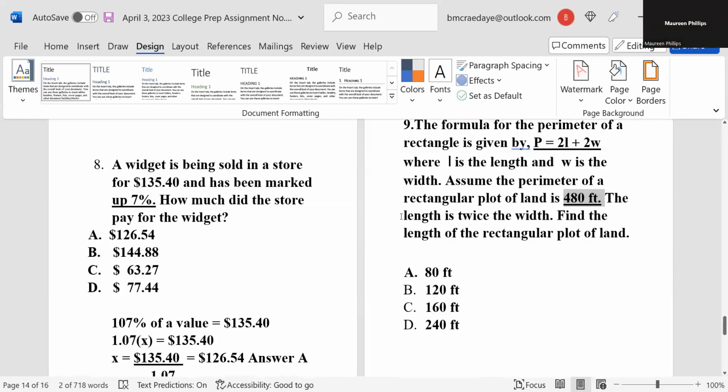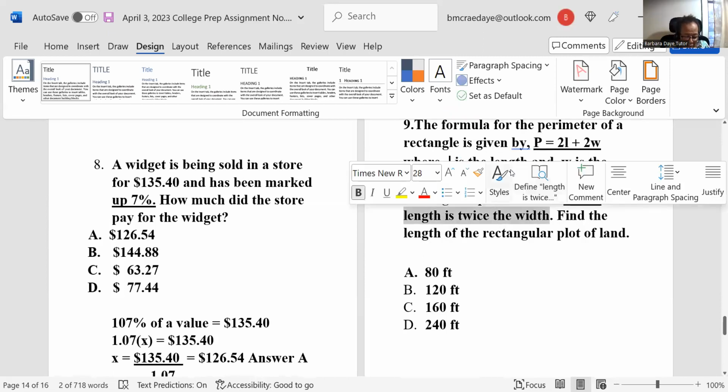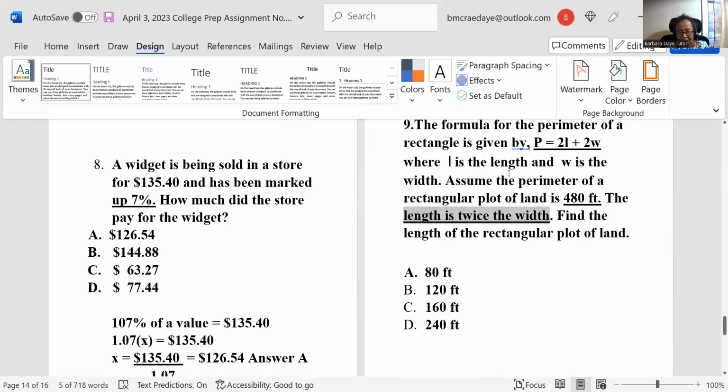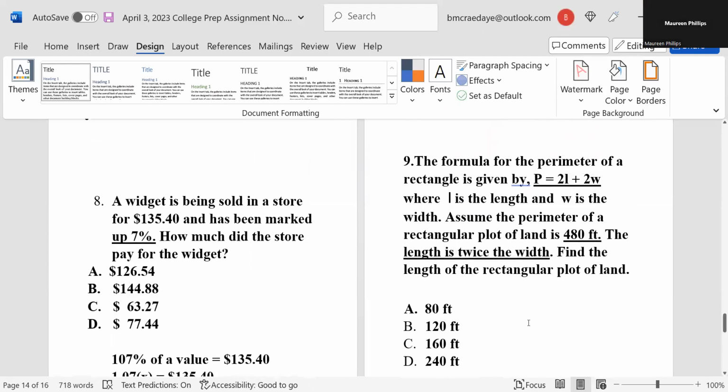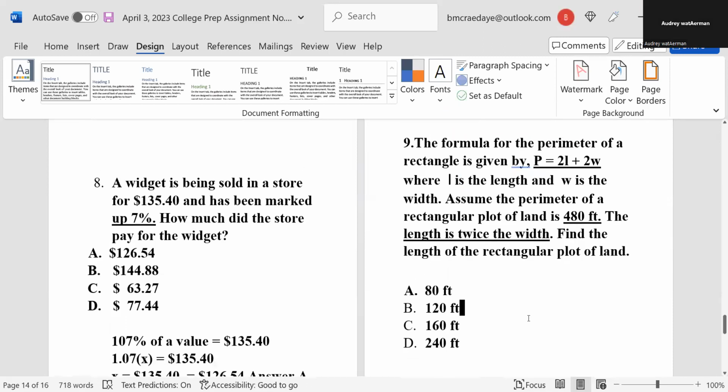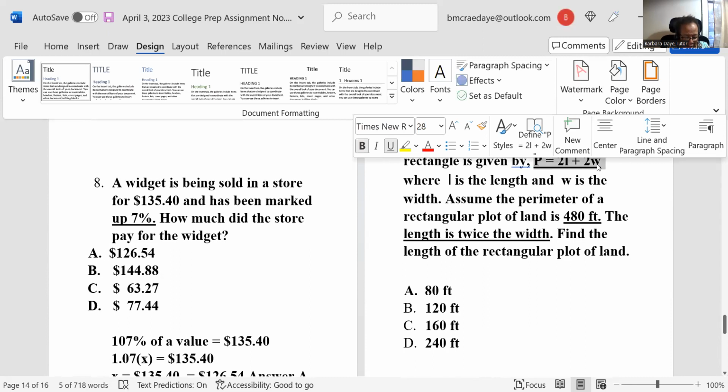And the length is twice the width. You need that. So Maureen, how do you think you would solve this? Find what the length is, twice the width. You know you need the perimeter formula, right?